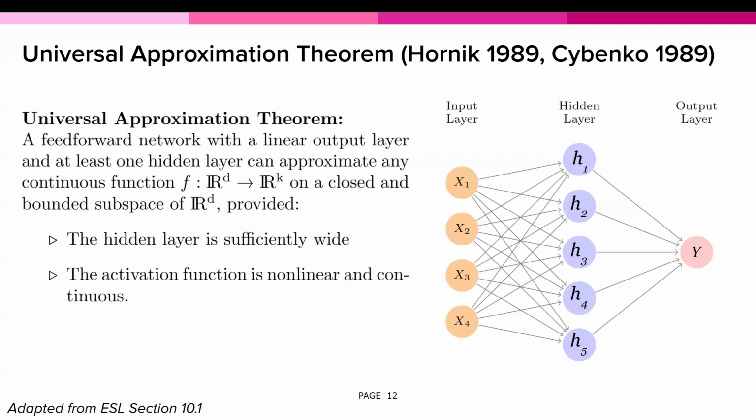It guarantees that we can approximate any continuous function on a closed and bounded subspace of R^D, provided we have enough units in our hidden layer, and each hidden unit has a nonlinear continuous activation function. Some other comments on this: the ReLU rectified linear activation function is a continuous function. There are no gaps or jumps in the output.